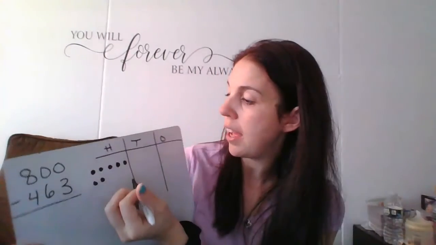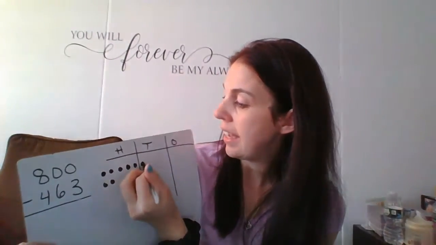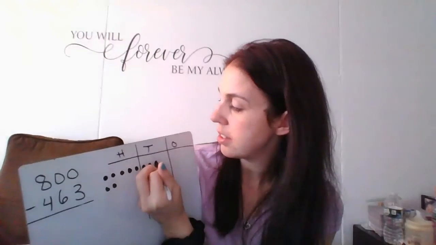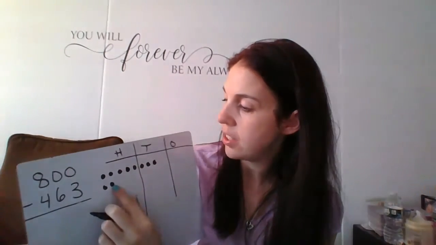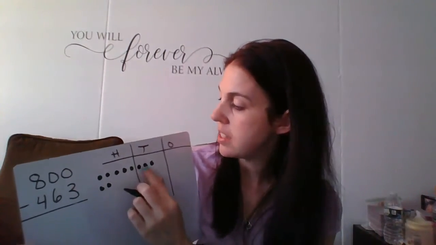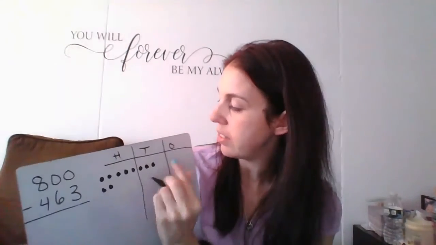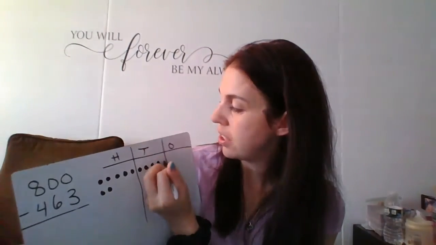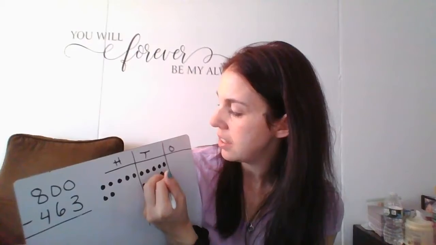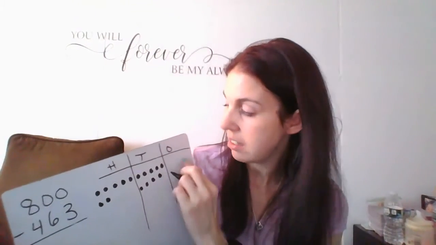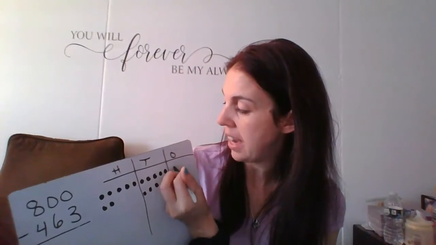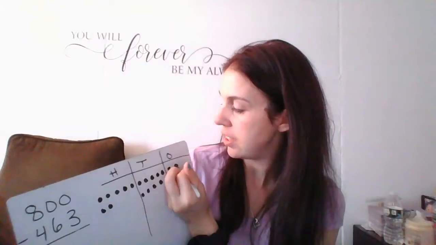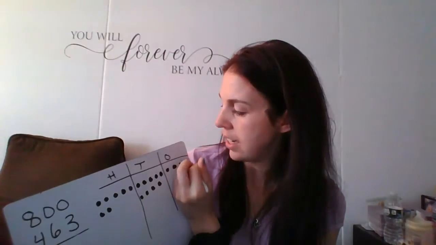And then I'm going to draw 9 tens. So we have 700, 710, 720, 730, 740, 750, 760, 770, 780, 790.